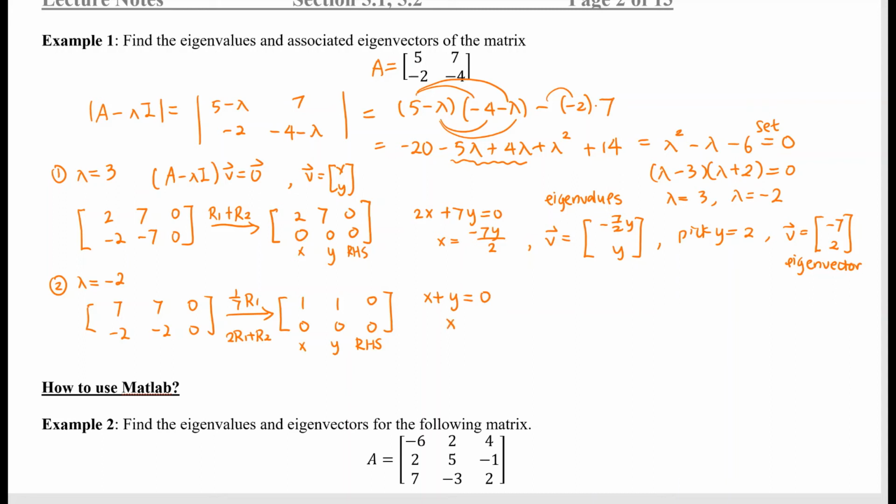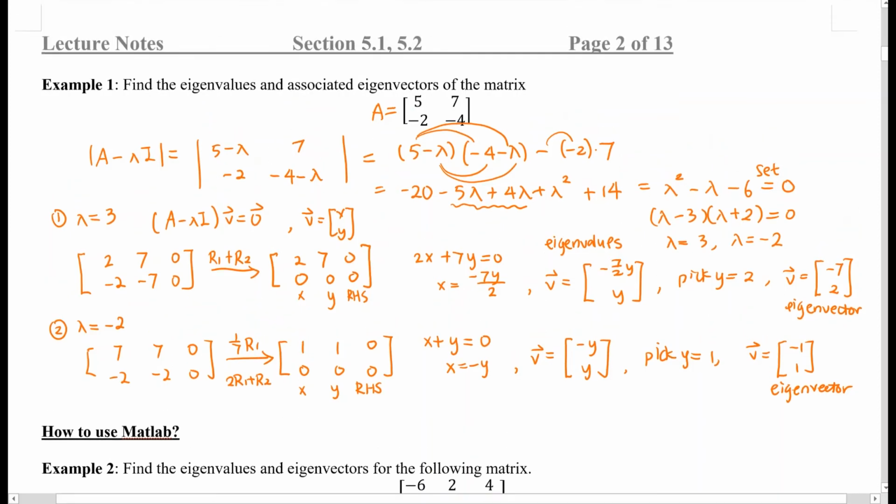Then what is x? Well, minus y, right? So v equals (minus y, y). You can pick y to be any non-zero number. We can pick y to be 1. Then v is (minus 1, 1). So this is the eigenvector associated with the eigenvalue minus 2.